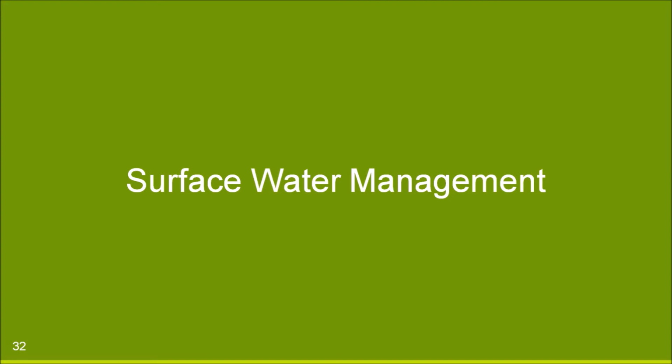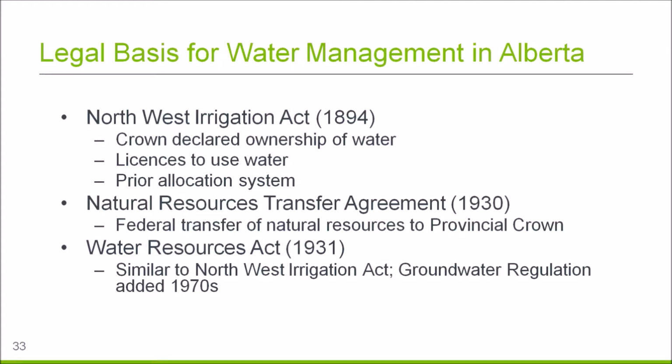Okay, so let's move into some of the water management issues here. I want to give you some information about the legal basis for water management in Alberta. It started with the Northwest Irrigation Act in 1894, and around that time the federal crown, the Dominion of Canada, declared the ownership of water, and started providing licenses for water use and also a prior allocation system, which is sort of first come first serve.